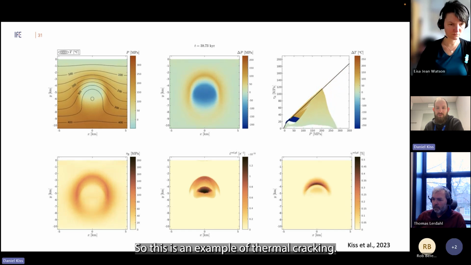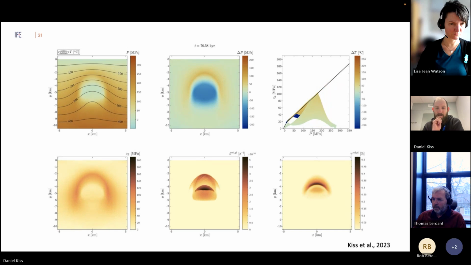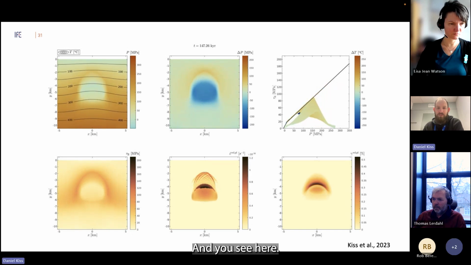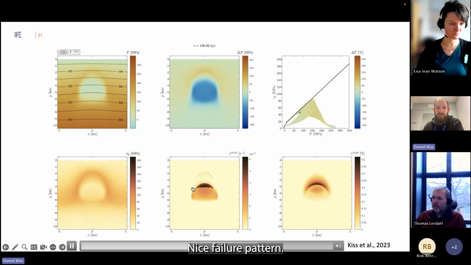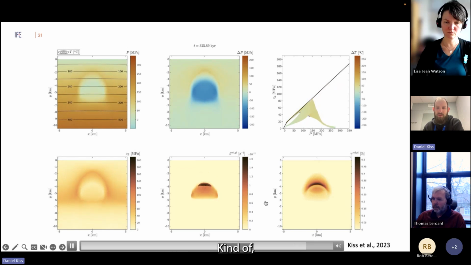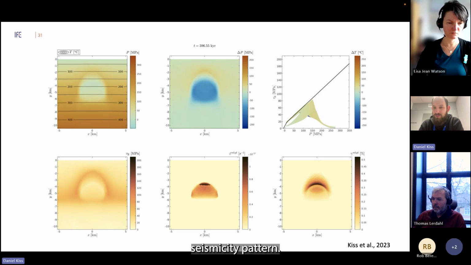So this is an example of thermal cracking. And you see here a nice failure pattern, very similar to a tunnel collapse kind of seismicity pattern. Sorry, fracture pattern.